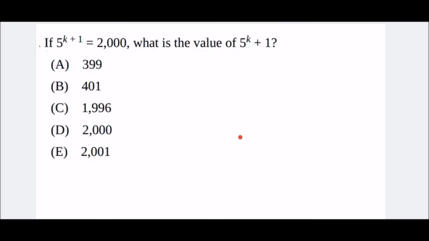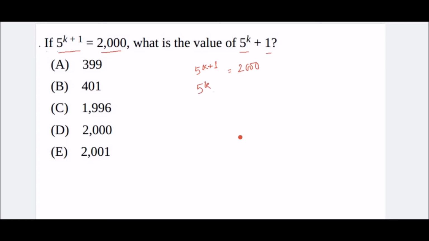Our next question is, if 5 power k plus 1 equal to 2000, then what is the value of 5k plus 1? See here, there is a lot of difference. It is the power of k plus 1, and here it is a separate plus 1. So first we have to find out the 5k value, then we will add that value with 1, and we will find the value, right? So from this equation we will get the 5k. See, 5 power k plus 1 is equal to 2000.